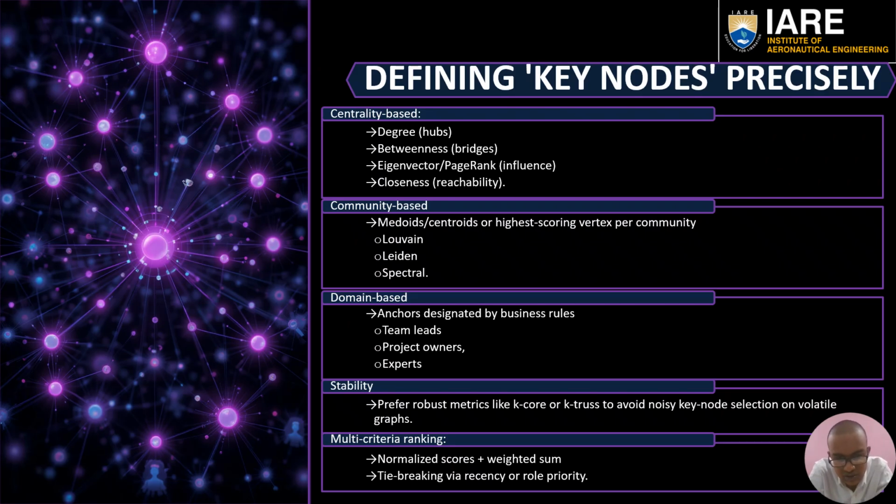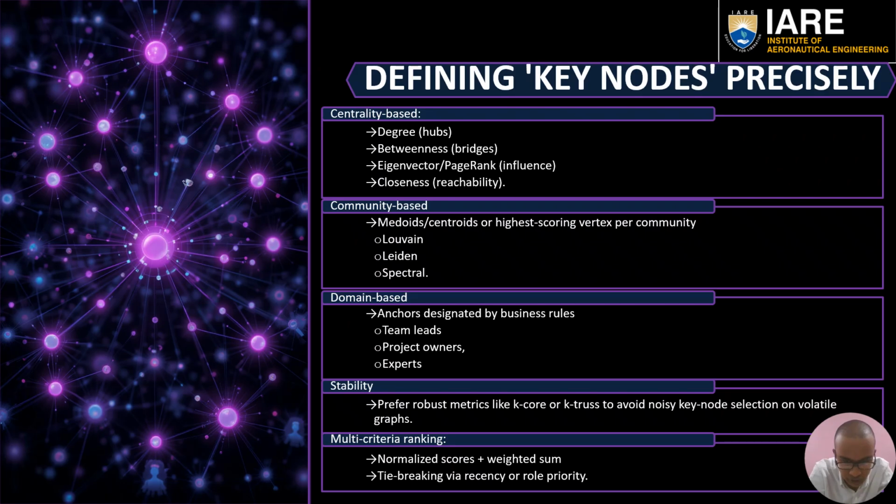The third type is domain based: the anchors designated by business rules, out of which three are team leads, project owners, and experts. The fourth aspect is stability. We have to prefer robust metrics like the K-core or K-truss in order to avoid noisy key node selection on volatile graphs.